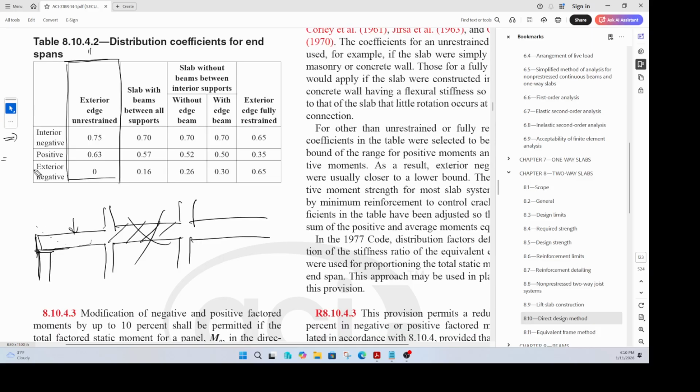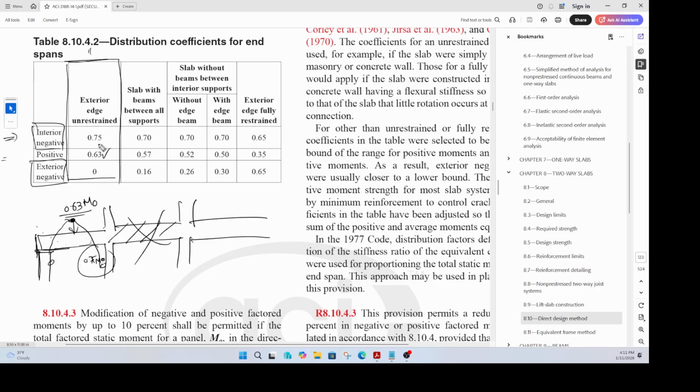So when that happens, exterior negative, exterior is this side, negative is 0, so your bending moment here is 0. Positive is 0.63, so here the positive span is 0.63 of your M naught, and interior negative, that means here, is 0.75 times M naught. So positive 0.63 from here, negative 0.75 from here.